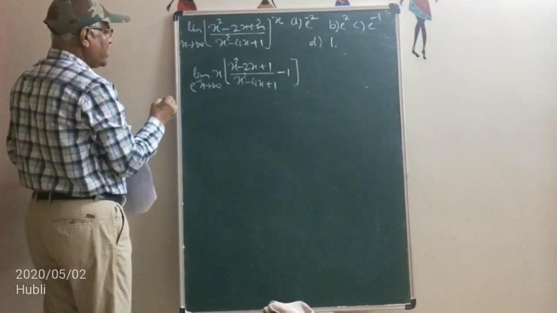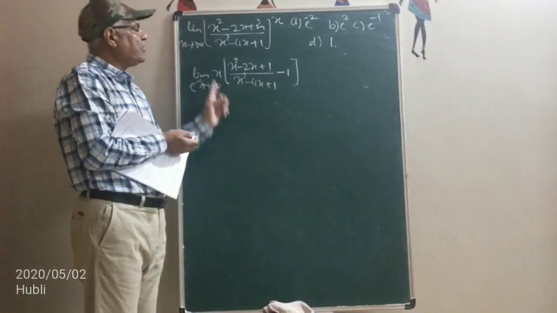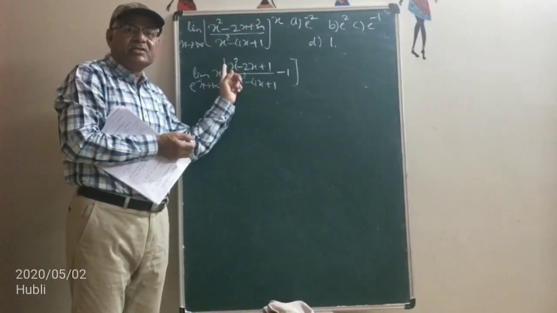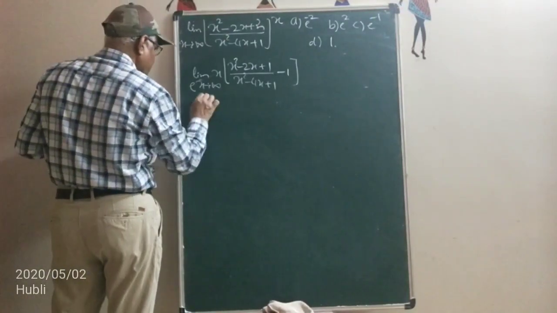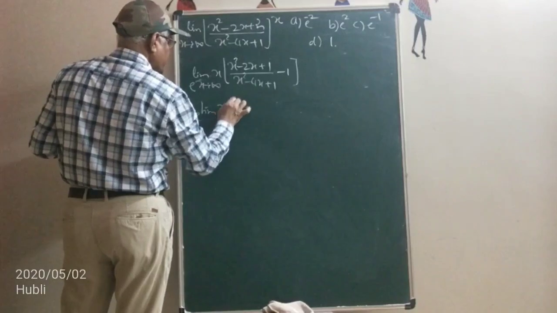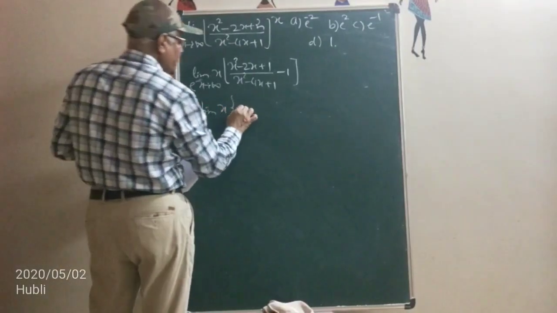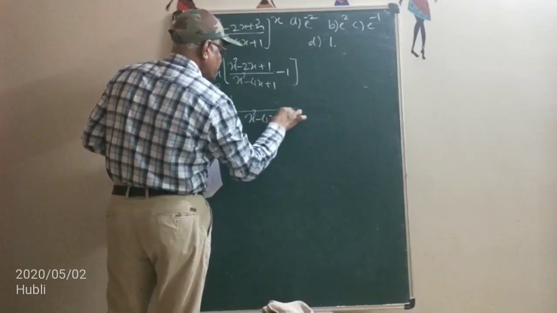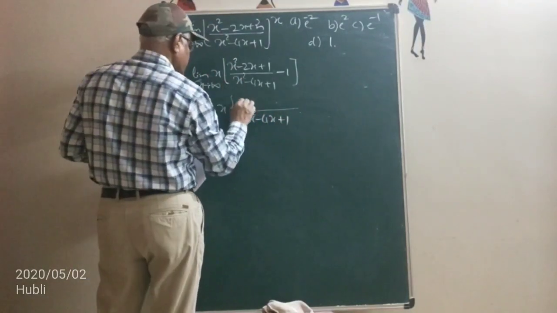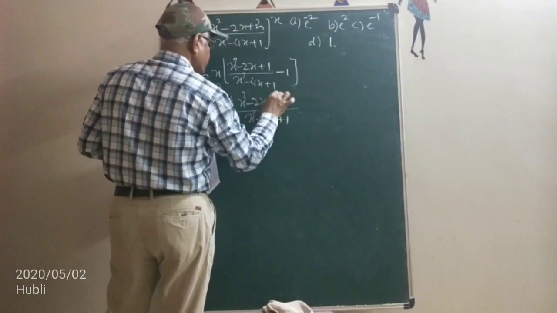Okay, so the very purpose of using this formula is what? In order to cancel the highest powers of both numerator and denominator. That is e raised to limit x into the bracket. Now let me take the LCM. What is LCM here? x square minus 4x plus 1. Now this is x square minus 2x plus 1.